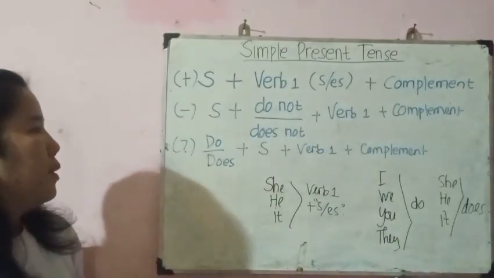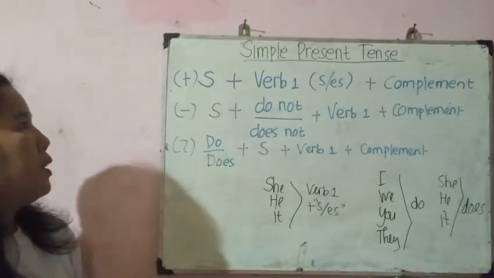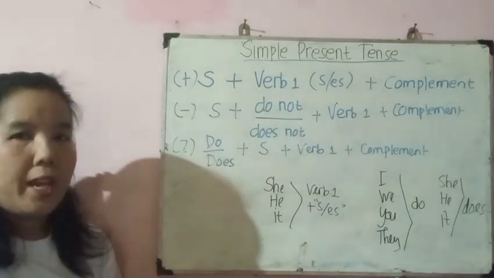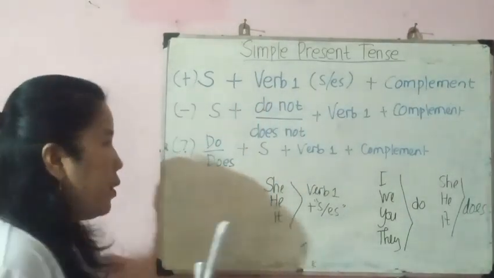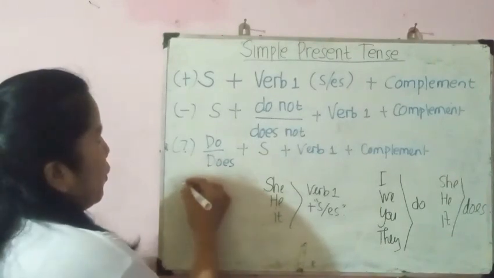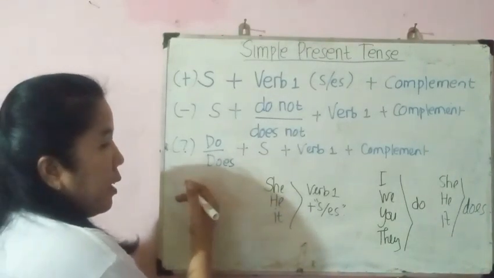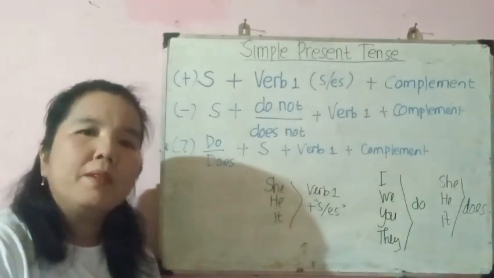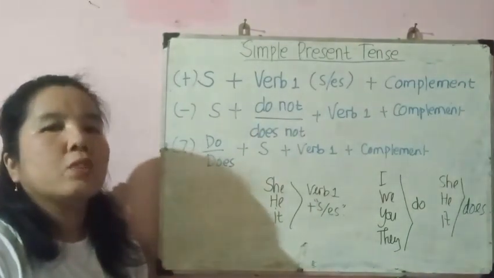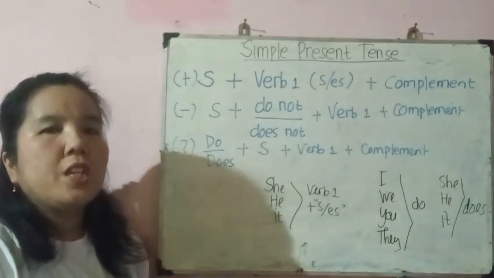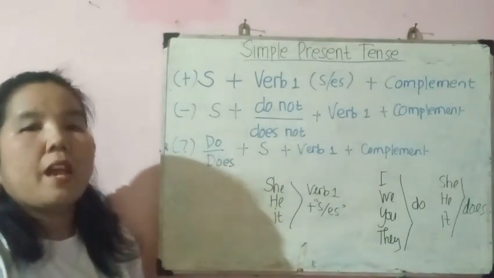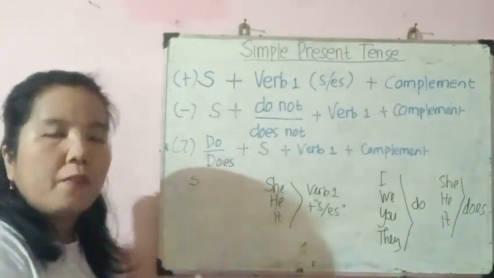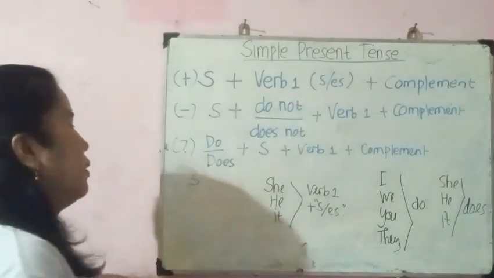Okay. And for verb 1, we add s or es depending on the verb ending. Most of the common verbs in English, when the subject is she, he, it, we just add s to the end of verb 1.